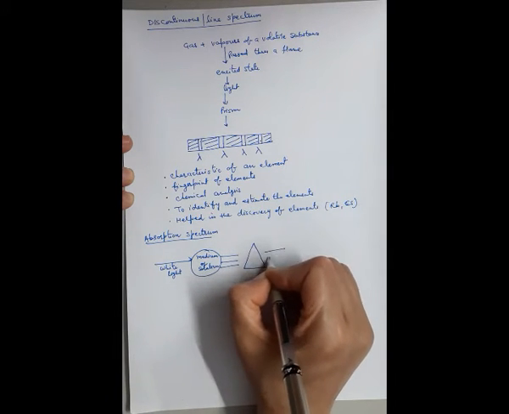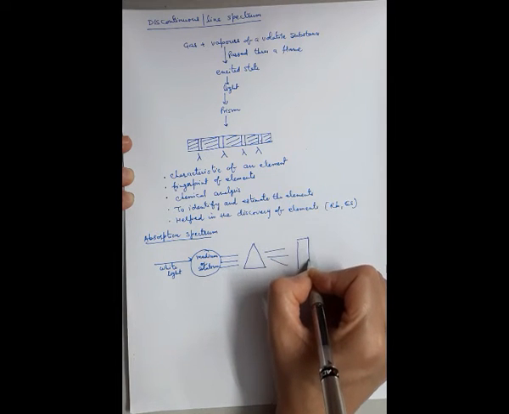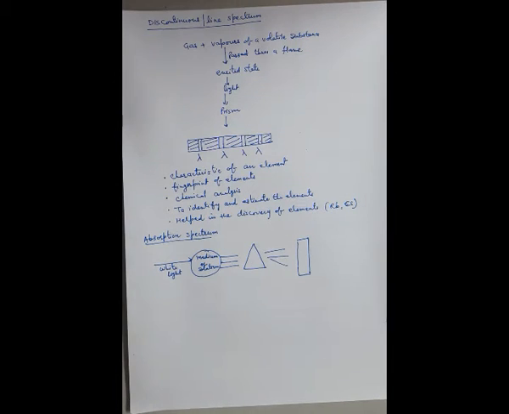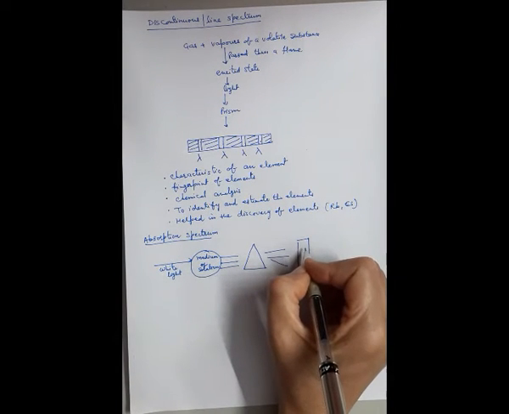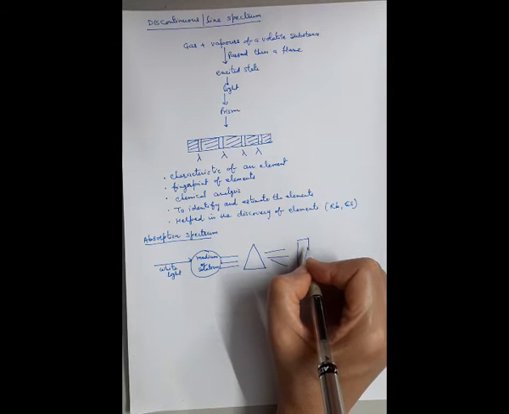And then some spectrum is obtained here. What kind of spectrum is obtained in this case? Some dark lines are obtained in the otherwise continuous spectrum.